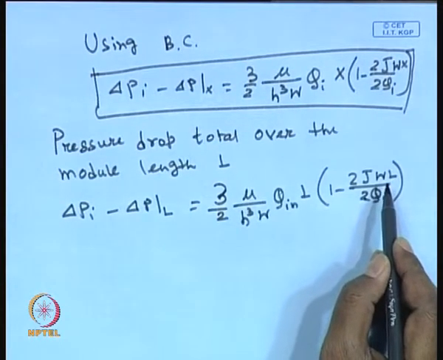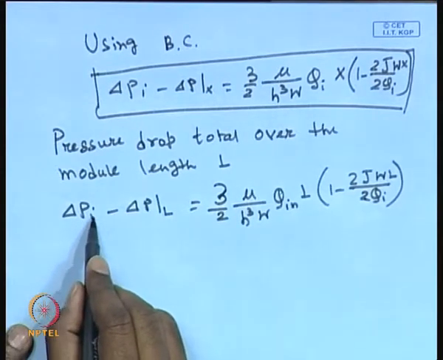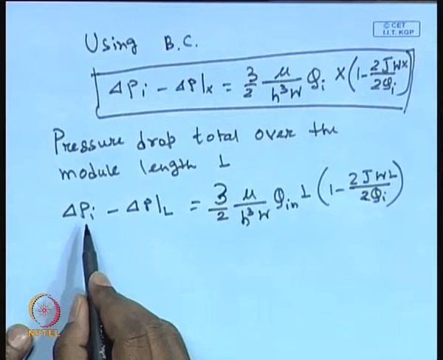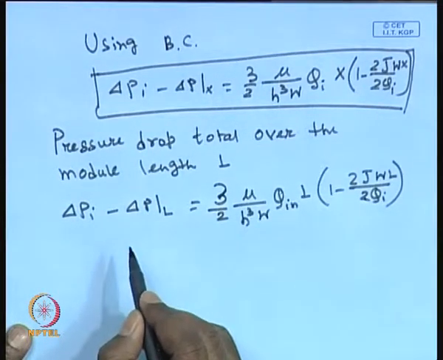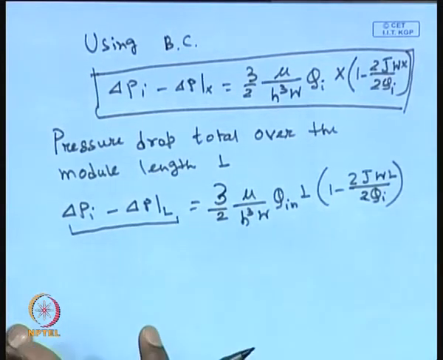So, that gives some kind of definition of fractional permeate recovery. And delta P_i, the initial pressure minus, so delta P_i is nothing but P_i minus P atmosphere, and delta P_L is nothing but P at L minus P atmosphere. So, P atmosphere will be cancelled out. So, this quantity really gives the pressure drop across the module.